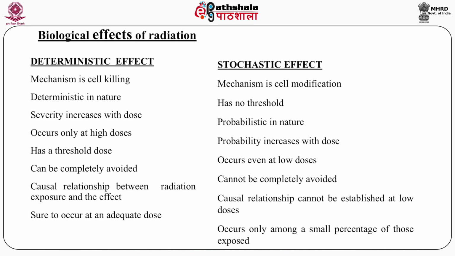It occurs only at high doses. There is a threshold dose, and at high doses these effects are observed. Having a threshold dose, these effects can be completely avoided by reducing the dose to the person, to the patient. Causal relationship.